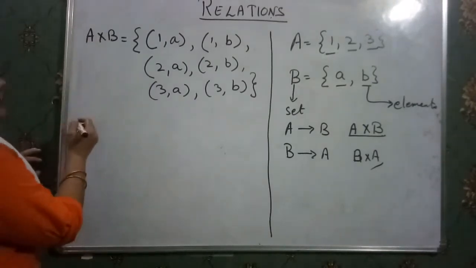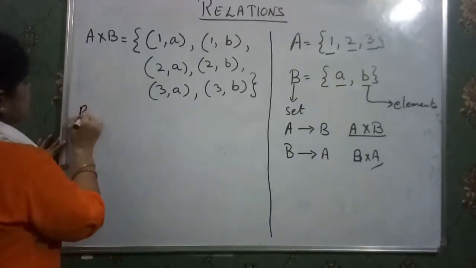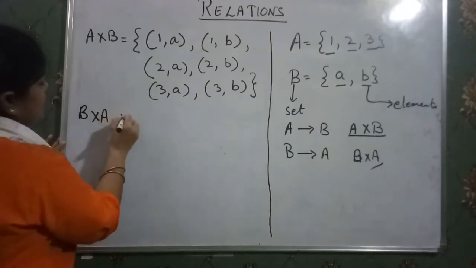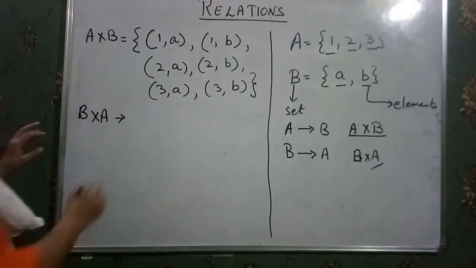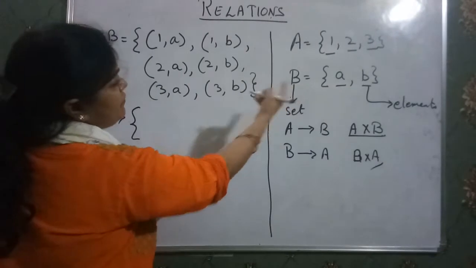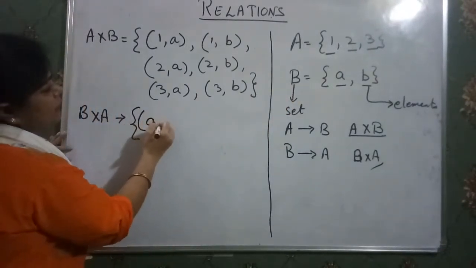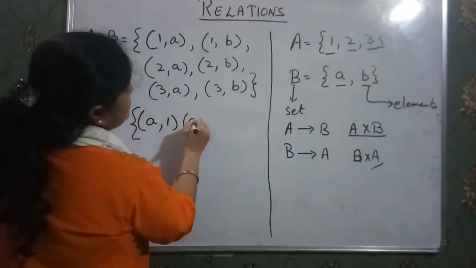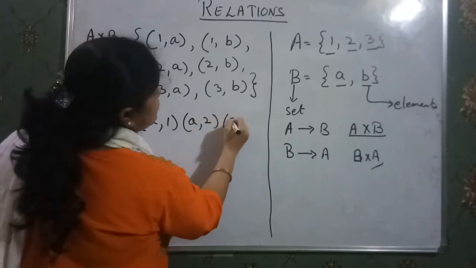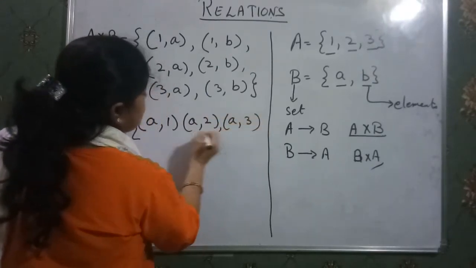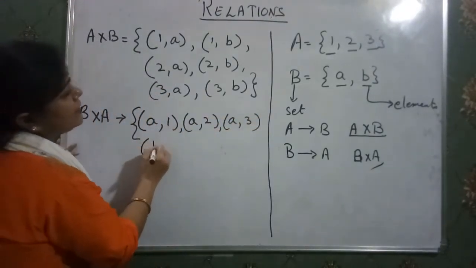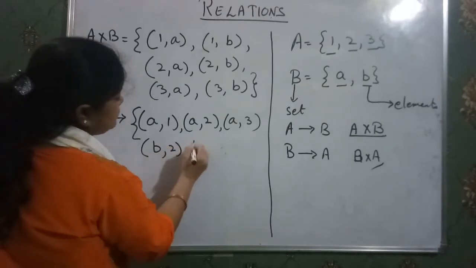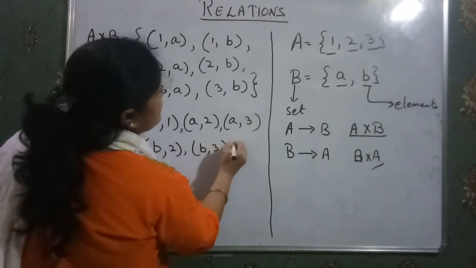And if it is asked to find a relation from B to A, how will you find it? You just take the elements of B in the first place: a comma 1, a comma 2, a comma 3, then b comma 1, b comma 2, and b comma 3.